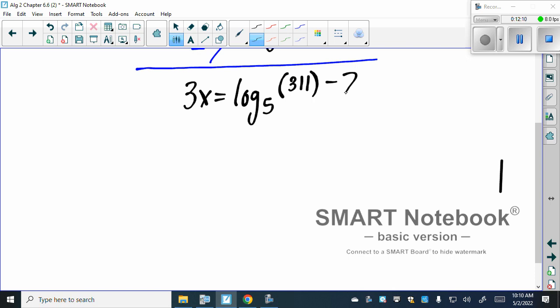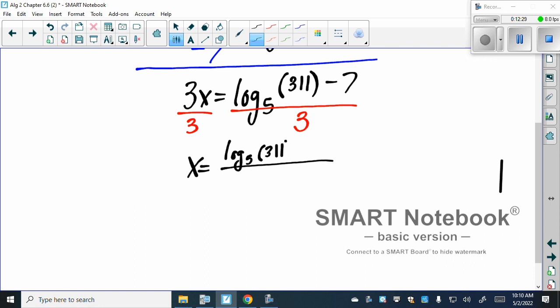So it's going to be log base 5 of 311 minus 7. Is x by itself? No, we need to do what? Divide both sides by 3 to tell us that x is log base 5 of 311 minus 7 divided by 3.